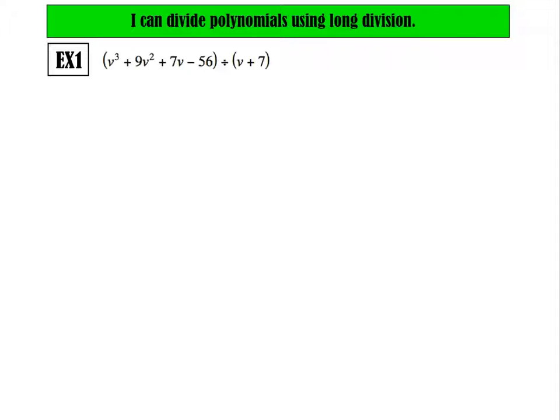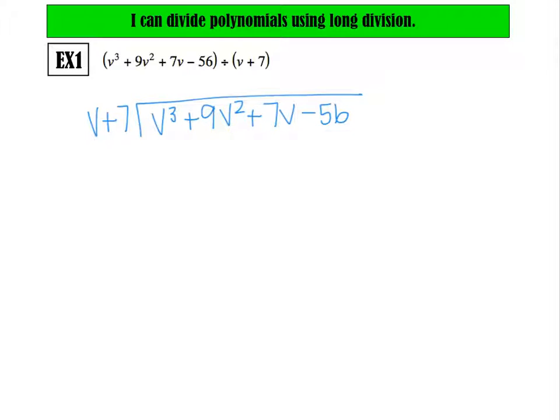I'm going to rewrite it. So I've put my divisor here and what's being divided into here. And so I'm going to start the process, and I'm going to ask myself the question, what do I need to multiply to make it look like the number that I'm looking at? So I'm always going to look at the leading coefficient first.